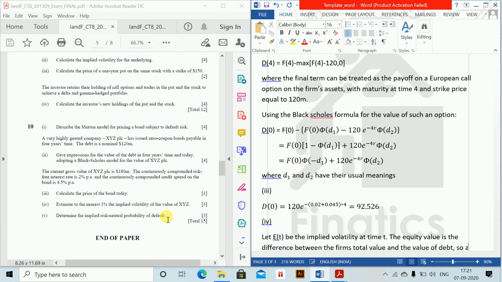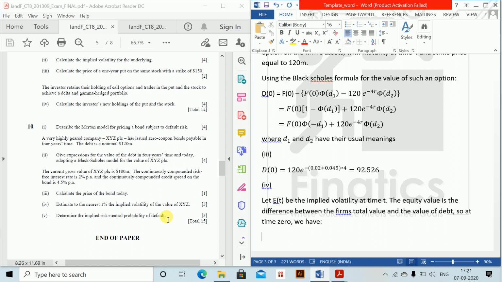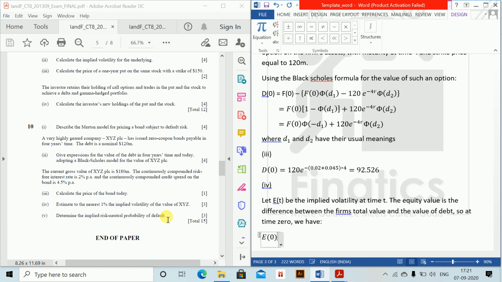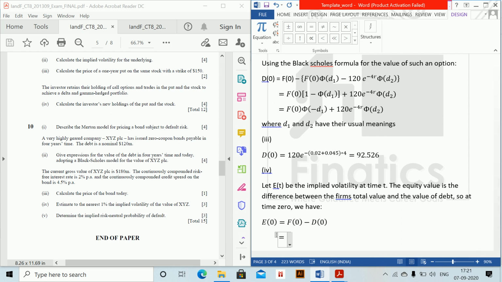So at time 0 we have E0 equal to F0 minus D0, so this is equal to 180 minus 92.526, which is equal to 87.474.